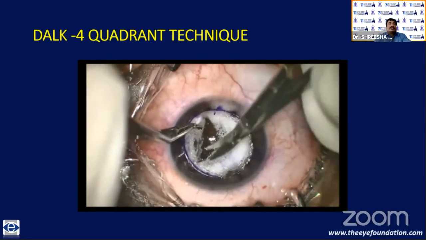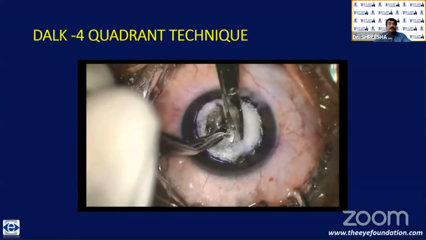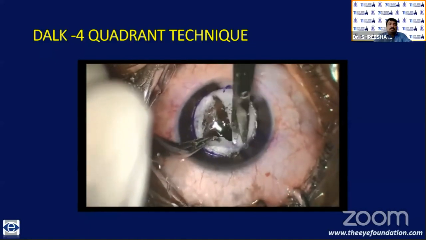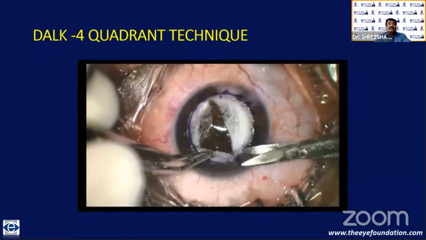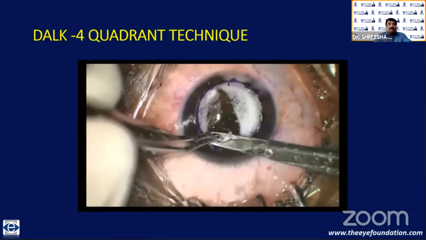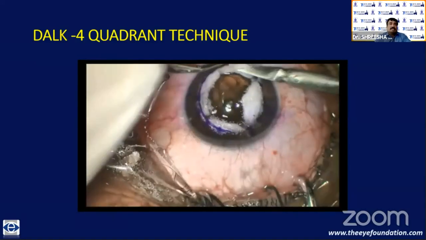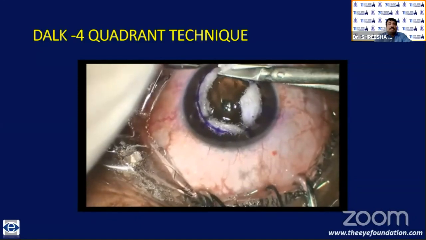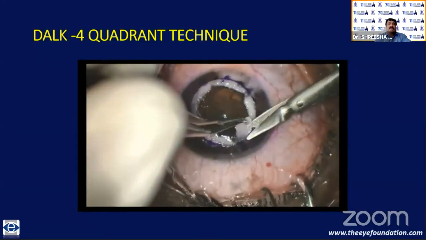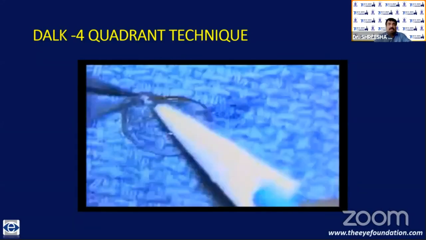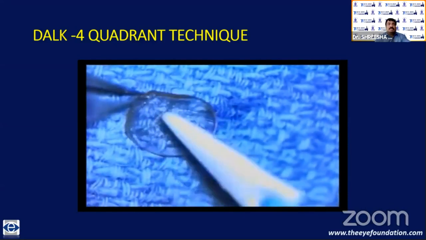With the help of Vannas scissors, I make a cut in the posterior lamella, in 4 or 5 segments, and it is completely removed, taking care not to leave any posterior lip. Then the viscoelastic substance is completely washed out.